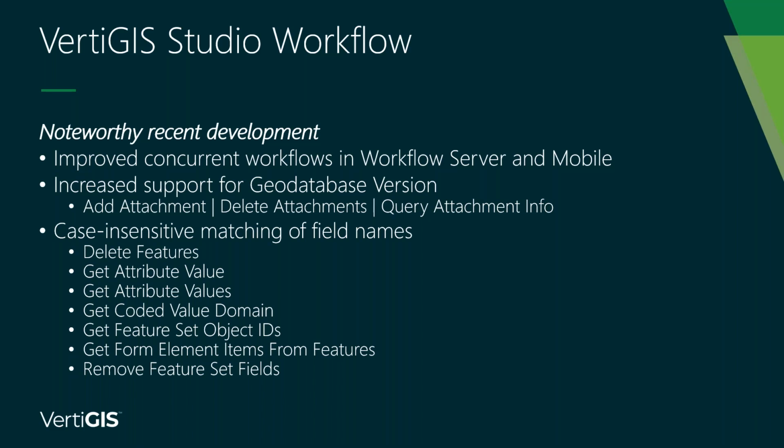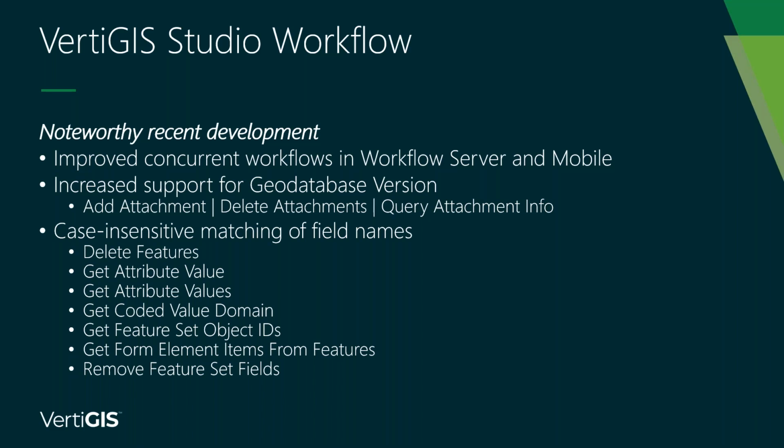And then the last thing I really wanted to note about workflow, we ran into a few really interesting use cases where almost everything was case insensitive, but there were a few places where workflow was in fact paying attention to the case of field names. And this was causing problems because depending on whether you're accessing your feature server through the enterprise interface or the ArcGIS Online interface, different cases for the same data might come back.